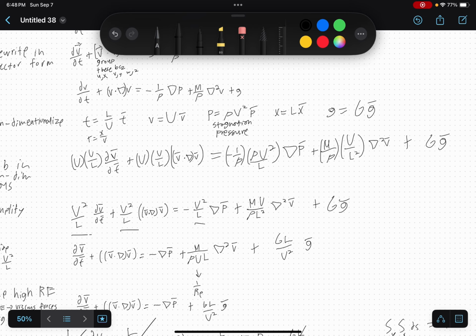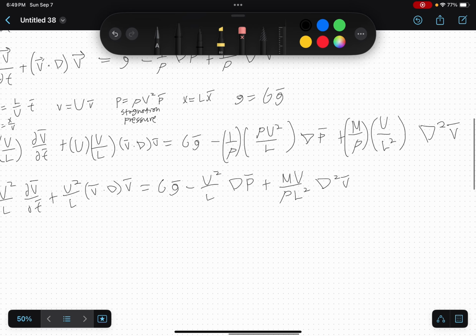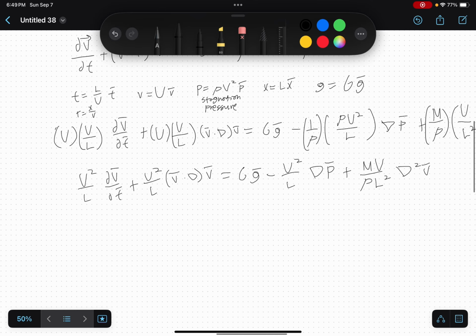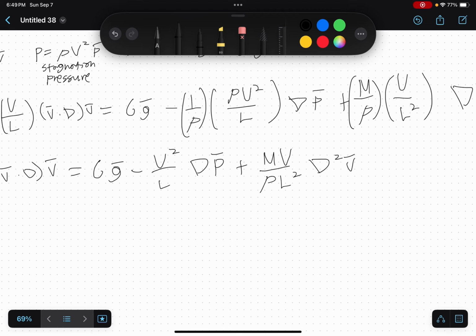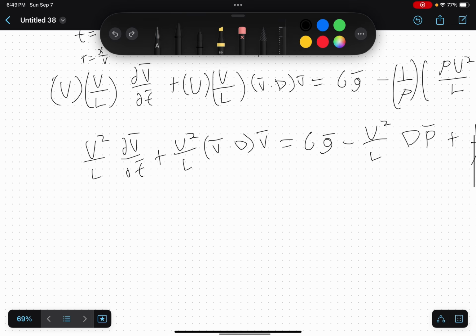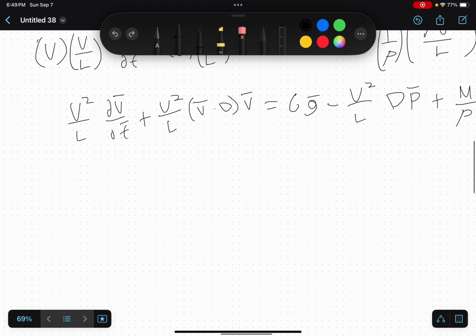That's probably right. Okay. Next step is to divide everything such that the stuff in front of the viscous term, which is this term, equals 1 over Reynolds number. And luckily, to do that, all we need to do is divide by U squared over L. So let's do that.